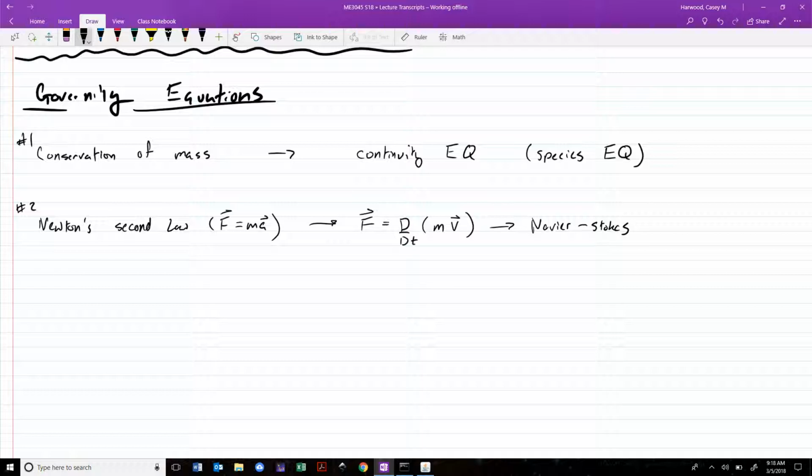The third fundamental physical principle that all these flows have to obey is conservation of energy, or the first law of thermo. The way we've been doing this so far has been through our energy balance.